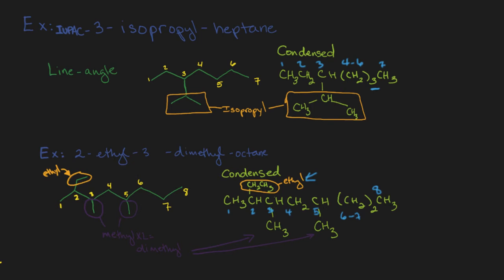Because for each substituent, you need a numerical value. So 3,3-dimethyl octane. So that means we have the 2 methyl groups are here, dimethyl, and it wasn't on the 3rd, was it? It was on the 5th, so I need to change that 3,3 to 3,5.